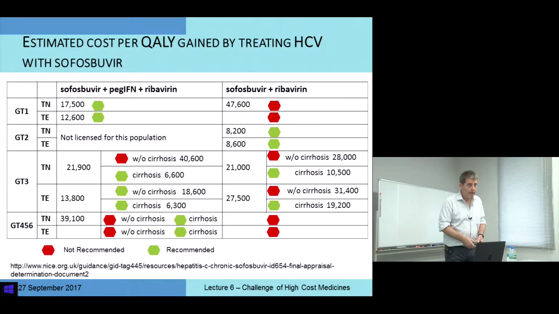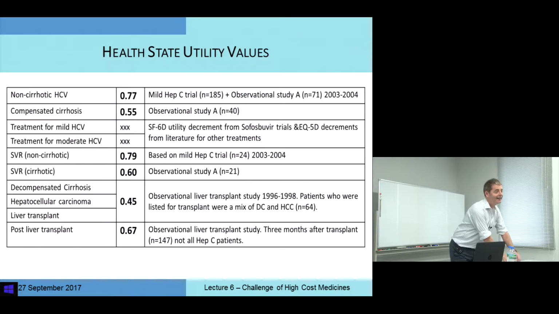Talking about these numbers and the utility values in your master's. Yes. Sorry, I'm going too fast, haven't I? Should these values be drawn from other literature? So the first step is to do a systematic review or something? Right. Yes. At least in England, the methods guide for submissions for drugs to be appraised emphasizes the use of systematic review to try and identify the best possible evidence. There is a sort of hierarchy with respect to health state utility values.